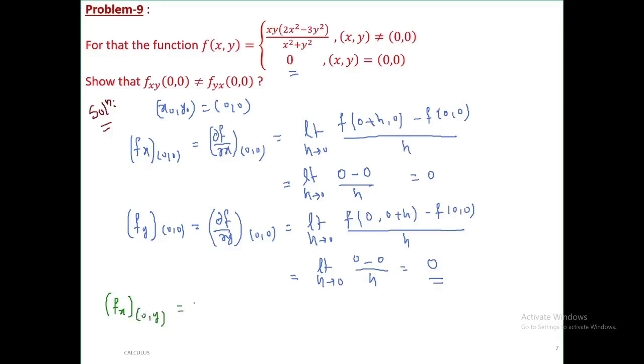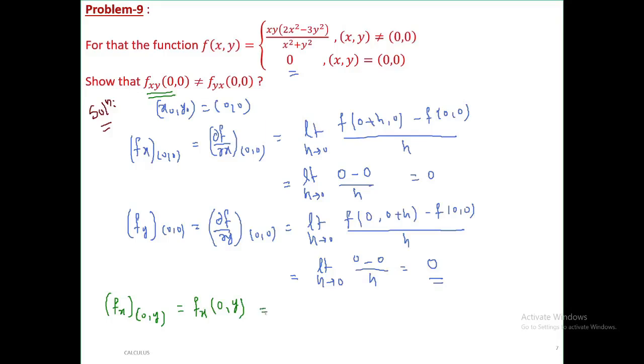This means fx, partial derivative of f with respect to x at 0 comma y. Keep y at this point, because we need to proceed further. Further means with respect to y, again I need to proceed, because I want fxy. This one I want, fxy at origin. So now here with respect to x you are doing, therefore at x I am substituting. At y I should not substitute, because with respect to x I am evaluating. Okay, now y as it is I am keeping.